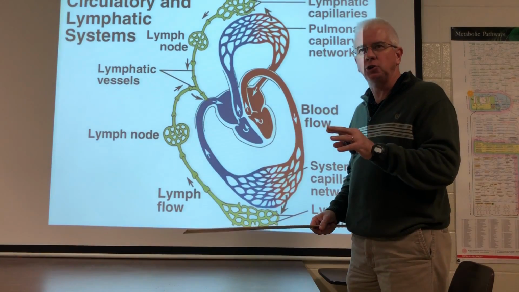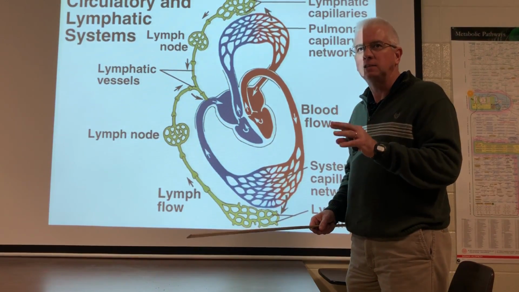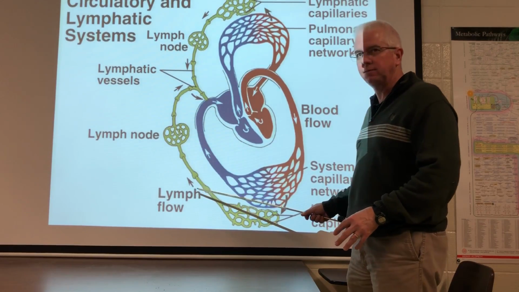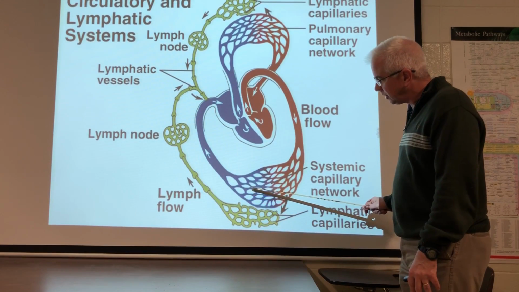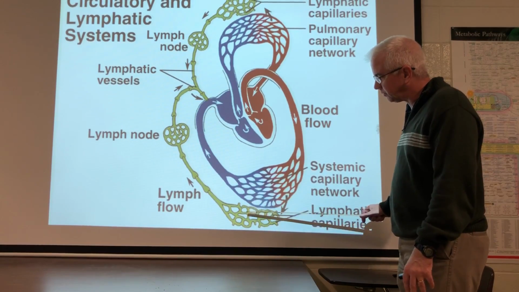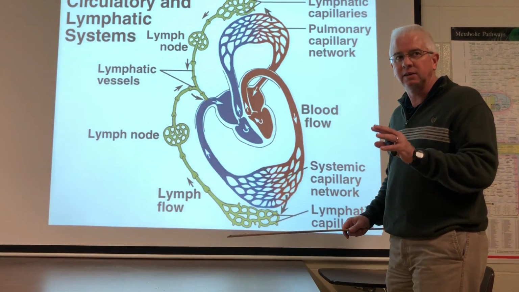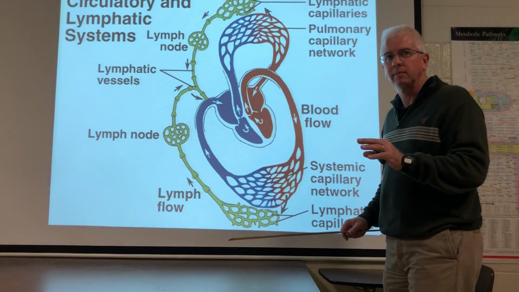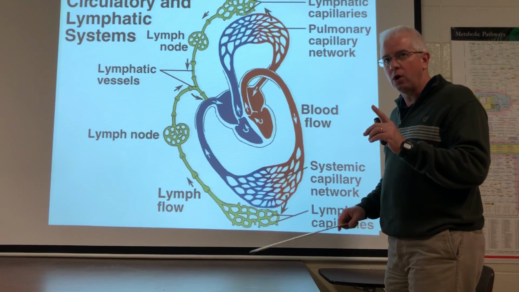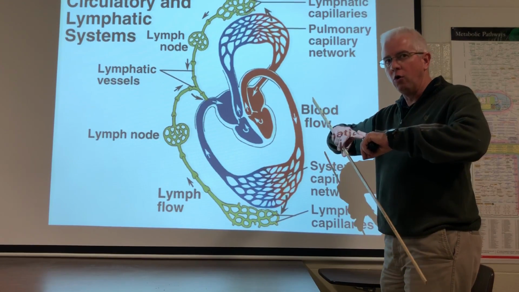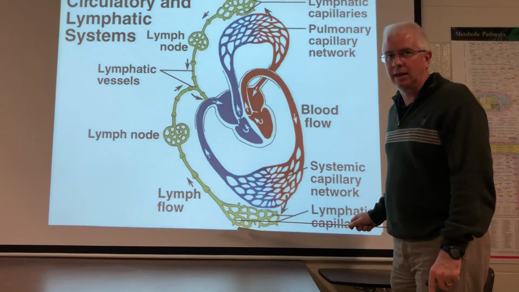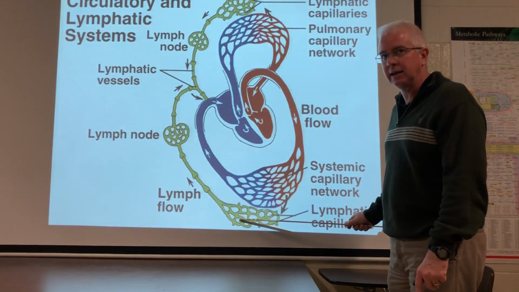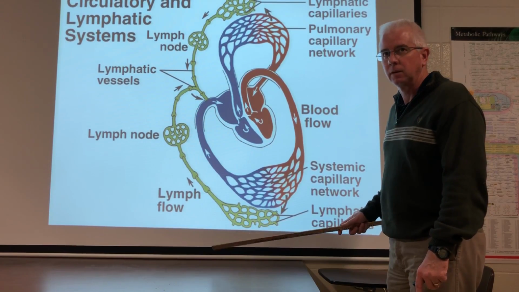Everything in the body tissues has potential to pass through this lymphatic circuit because, as I said, unlike the anatomy of the normal capillary, the lymphatic capillary is basically open space. The capillary walls themselves are overlapping cells that do not connect, which means anything in the tissue spaces can get into this lymphatic circuit.